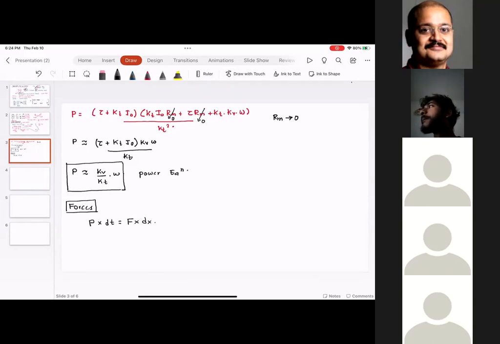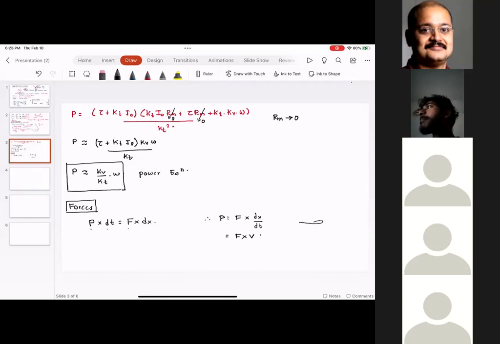Power from the motor multiplied by time is equal to the force multiplied by dx, and you will see that this is nothing but force times dx by dt, which is force times velocity.